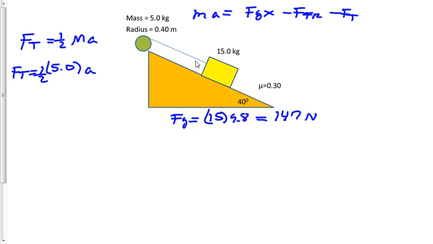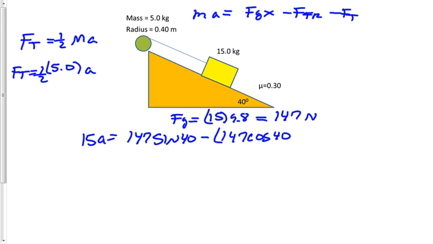Now underneath, I will plug in my information that I need for this equation for the box. So we'll go 15A is equal to force gravity x, which would be 147 sine of 40, minus the force of friction, which is 147 cosine of 40, multiplied by the coefficient of friction of 0.30, minus force tension.